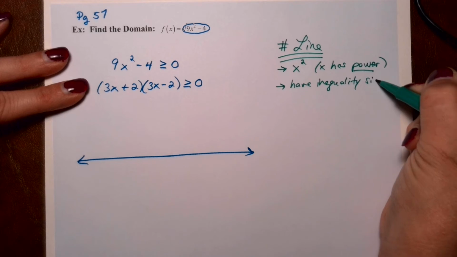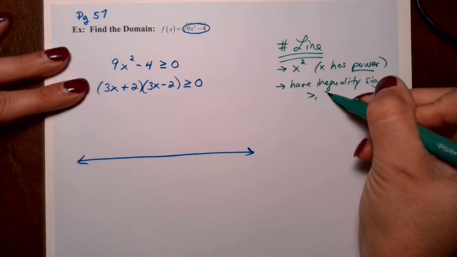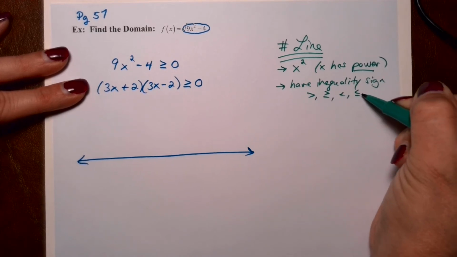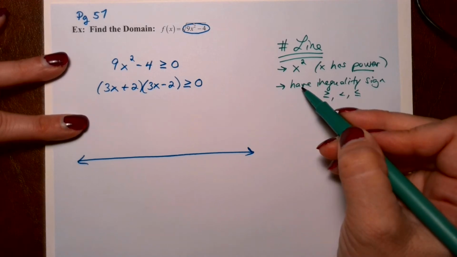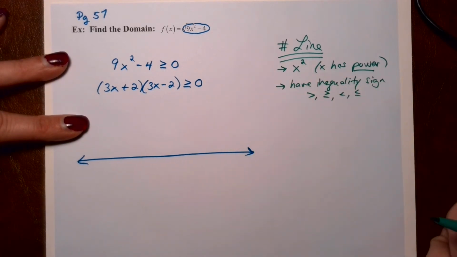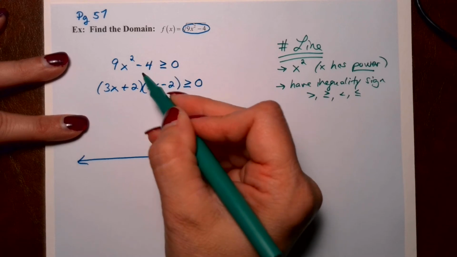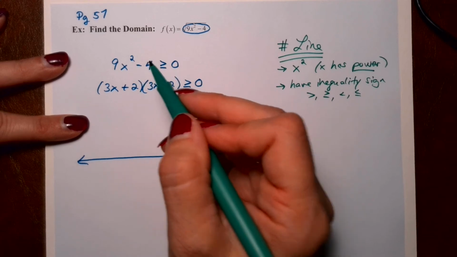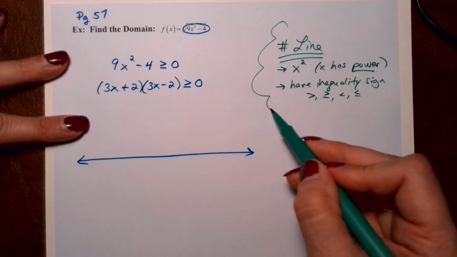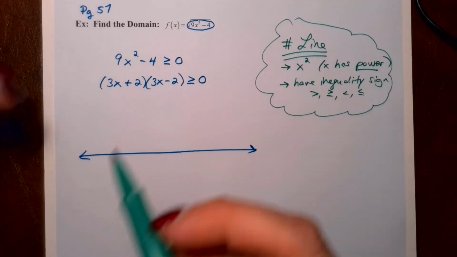The inequality sign, that's the greater than or equal to sign. If you have these two things, you have to draw the number line. You don't have to do this if it was a not equal sign, because you could just square root. But if you have these two situations happening, we have to draw the number line.